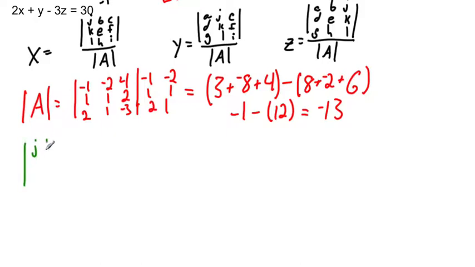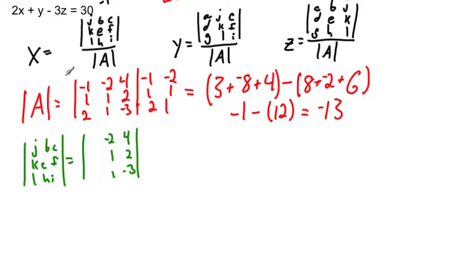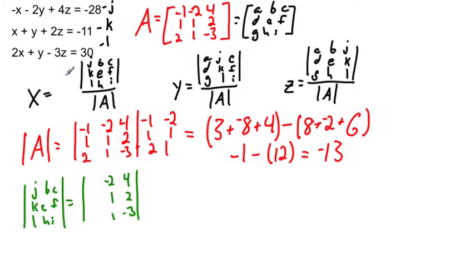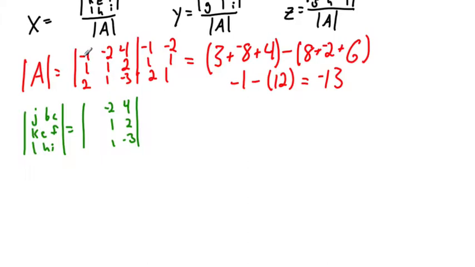If I have my J, B, C, K, E, F, L, H, I, that's going to be equal to this matrix. Notice how I leave my last two columns the same, and for my J, K, and L, I replace them with, up here, my -28, -11, and 30.